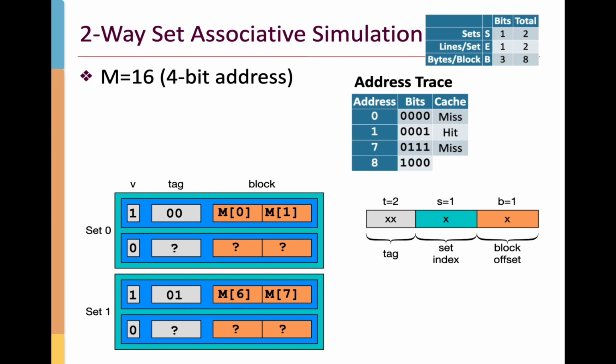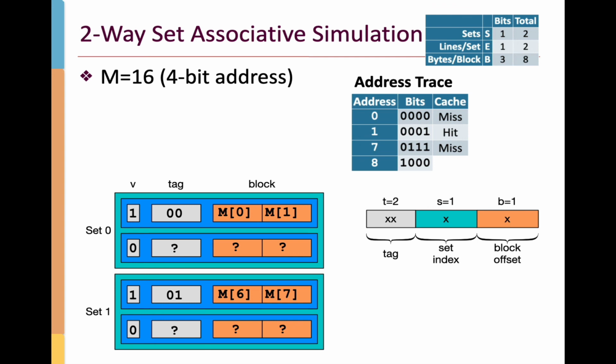Now we're going to address address 8. You remember from before that address 8 and address 0 collided in the 0th set. In this case, however, we've got two lines in that set. So let's look at the set index bit, which tells us it's going to go in set 0 as before.